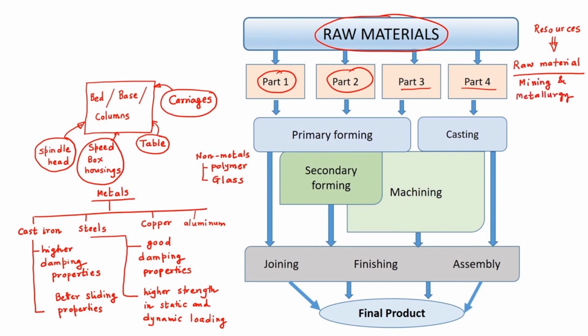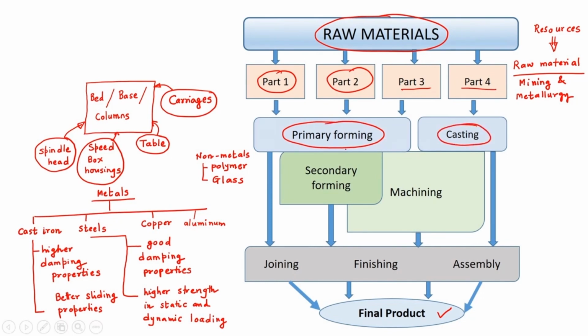So, we need to convert the raw materials into the final product that is required for our intended purpose for the fabrication of the automated system. To convert the raw material into finished or semi-finished product, we need to carry out certain operations, and these operations are grouped together as primary forming operations and the casting operation.